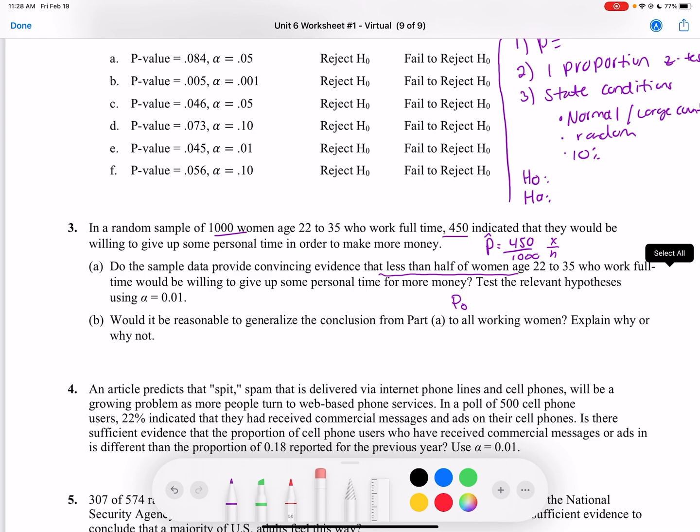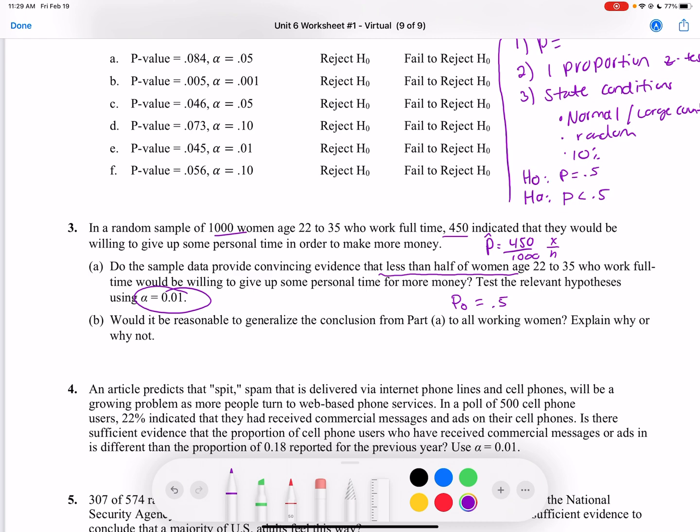If it's less than half, then my null will say that P is equal to 0.5, and the alternative will say that P is less than 0.5. So my p naught is 0.5. Then you're comparing your p-value, the value the hypothesis test gives you on your calculator, to that alpha level to decide whether or not it's statistically significant.